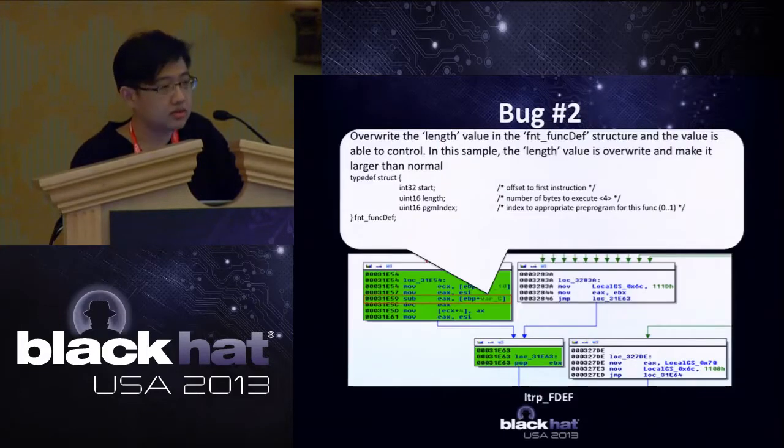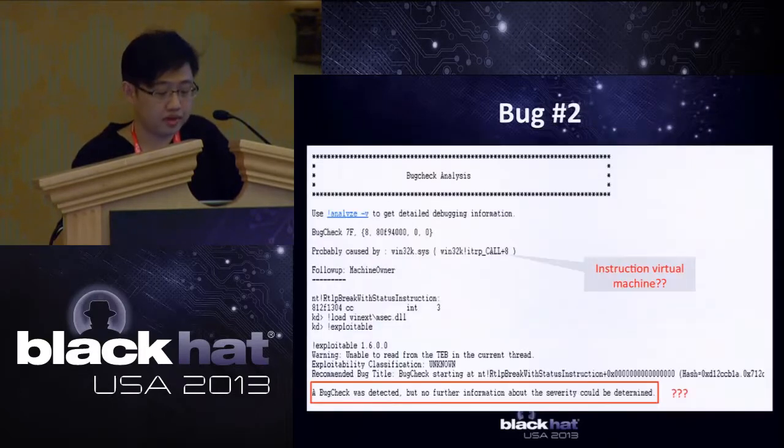This allows us to control the range value in the fnt_funcDef structure and override the number of bytes to execute to be larger than normal. This will cause an infinite loop calling ITRP_CALL.